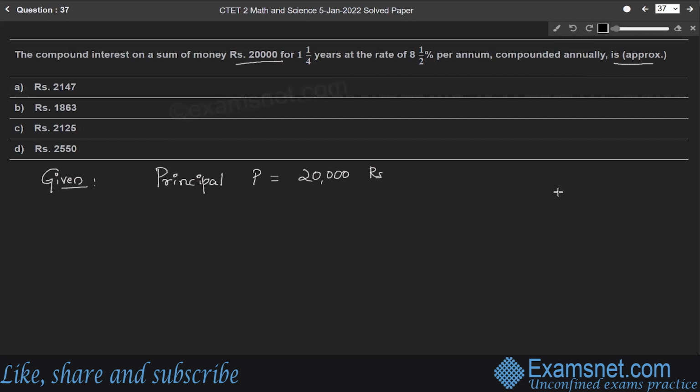Rate of interest R is equal to 8.5%. And the time T is 1.25 years.